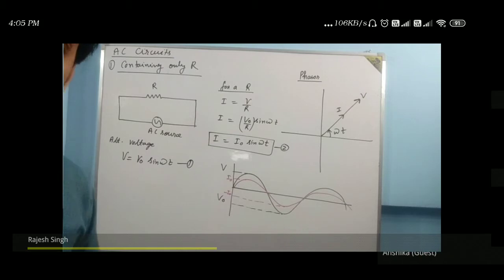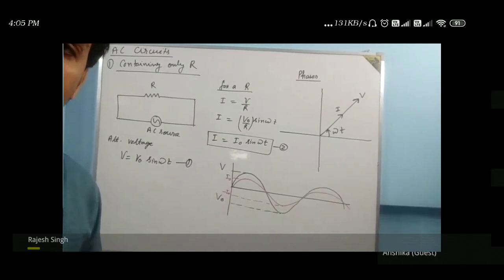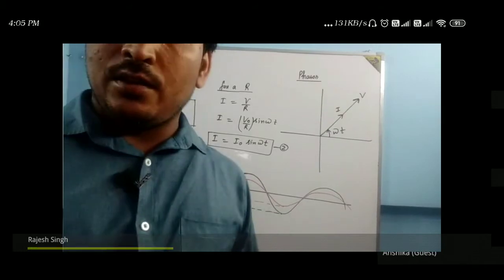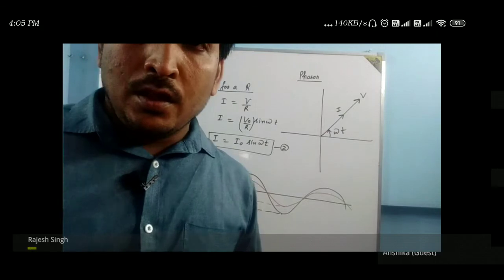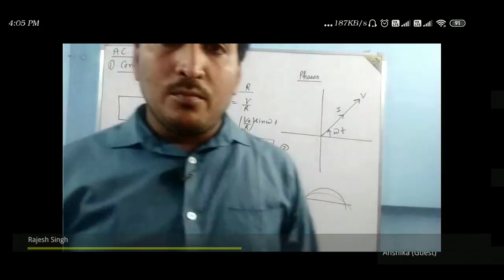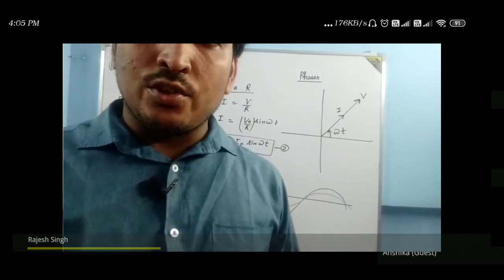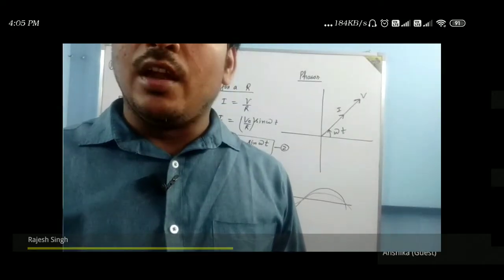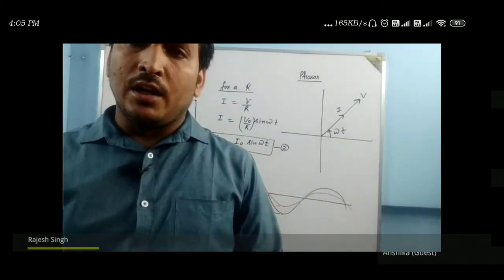I have got one question in the chat box. Sir, why is the phasor of I more or less than V? Who has asked this question? Anurag Tiwari. Anurag, are you listening to me?